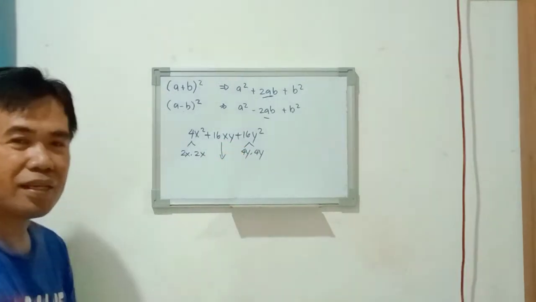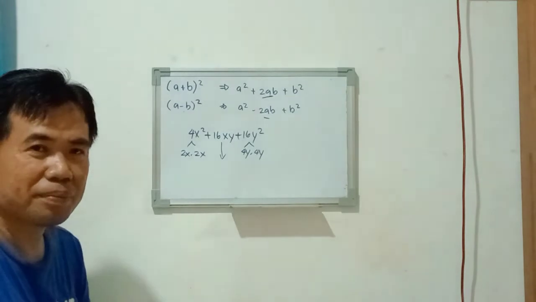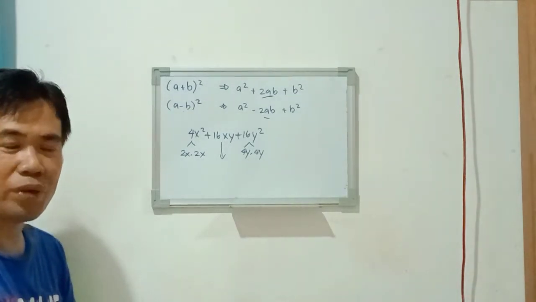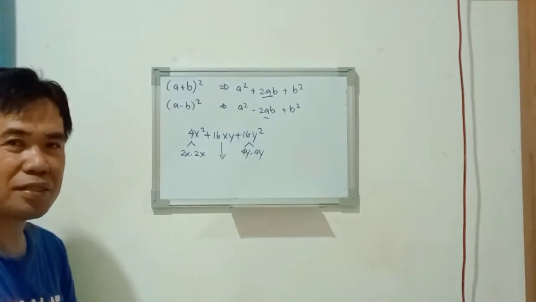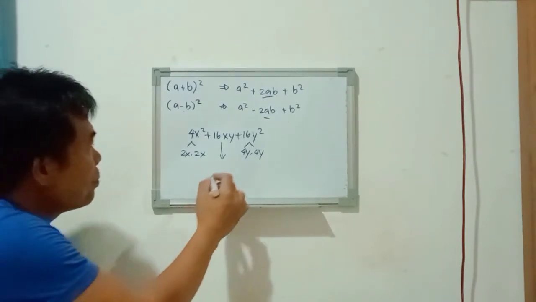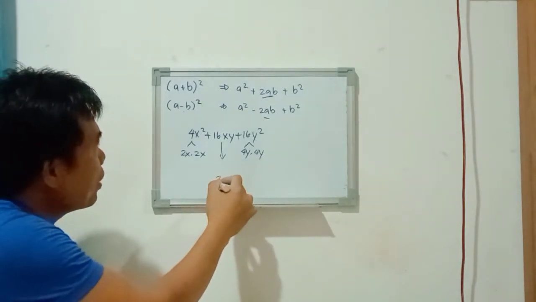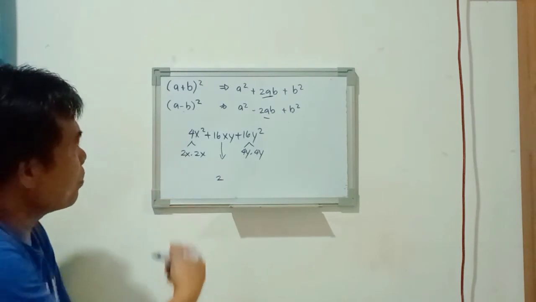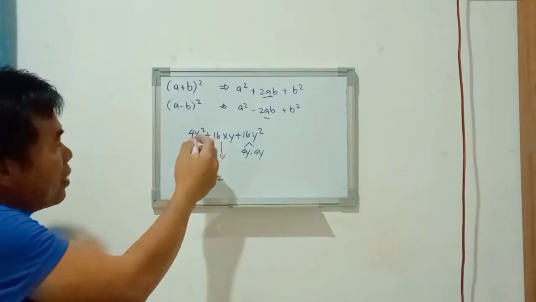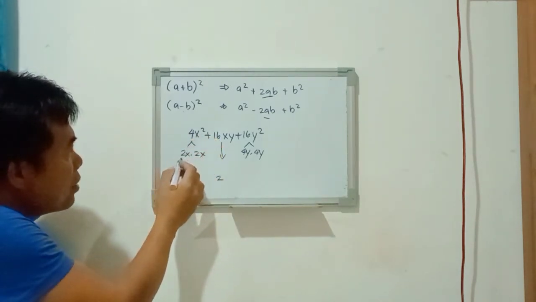The second criteria states that the middle term is twice the product of the square roots of the first and the last terms. So multiply by 2. What is the square root of the first term, 4x squared? The square root of the first term is 2x.